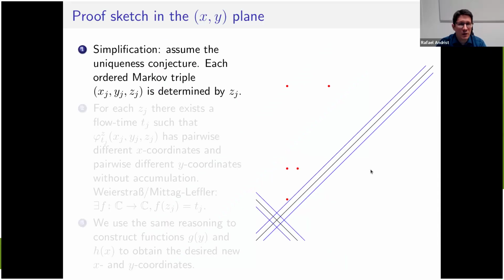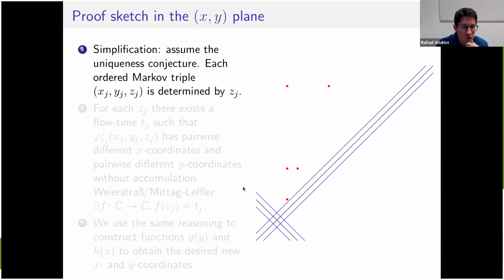So what we're going to do now, here we have these Markov triples. I just drew the first few ones. And the proof is true in a more general setting, but as a simplification to make the proof easier I'm just going to assume that the uniqueness conjecture holds. It's not necessary, but it makes it easier for the sake of this presentation. And then each ordered Markov triple is determined by the last coordinate.